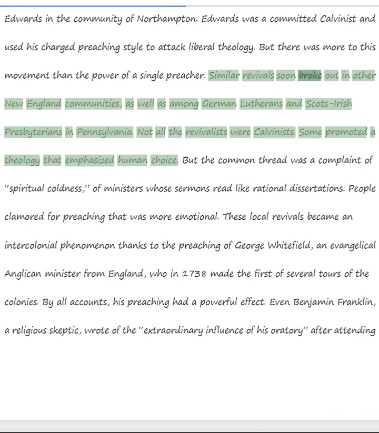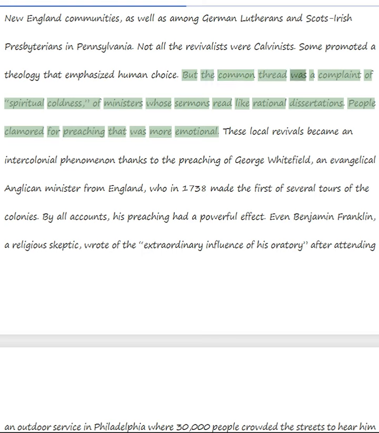Similar revivals soon broke out in other New England communities, as well as among German Lutherans and Scots-Irish Presbyterians in Pennsylvania. Not all the revivalists were Calvinists. Some promoted a theology that emphasized human choice. But the common thread was a complaint of spiritual coldness, of ministers whose sermons read like rational dissertations. People clamored for preaching that was more emotional.